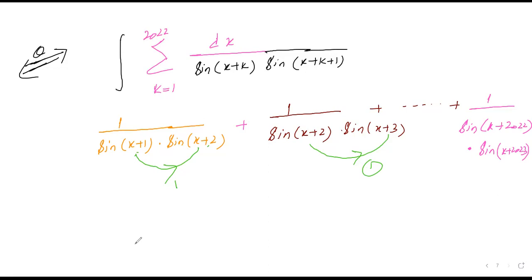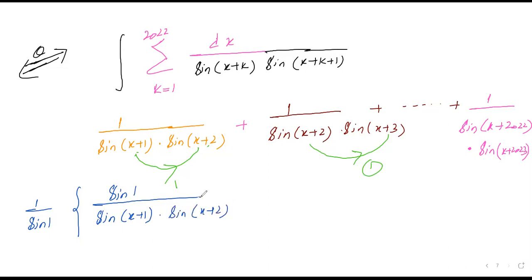So for that, what is our first step? We have to multiply in numerator and denominator by sine 1 in each term. So you can write 1 divided by sine 1, here sine 1 divided by sine of x plus 1 into sine of x plus 2. It is a very fantastic problem. Definitely you will enjoy it.